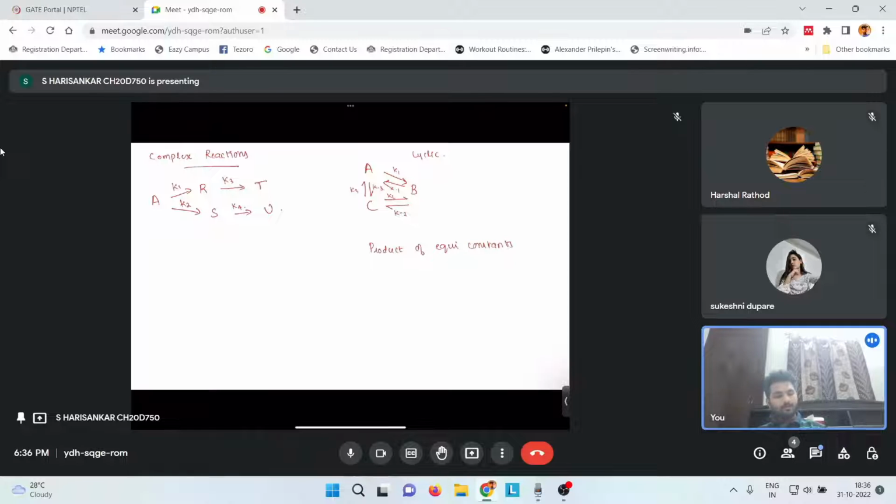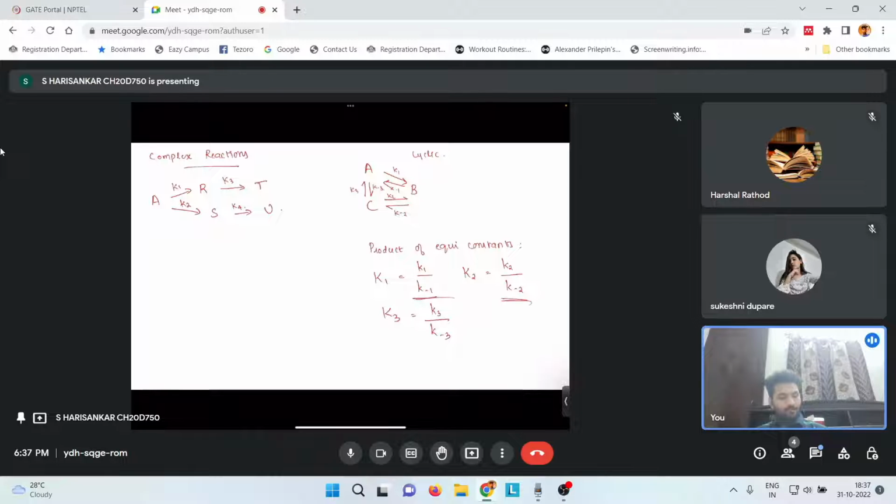So equilibrium constants here will be capital K1, that will be small k1 by k minus 1, then capital K2, this will be k2 by k minus 2, and K3, this will be small k3 by k minus 3.